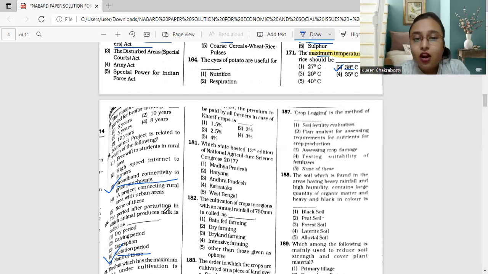In case of annual commercial and horticulture crops, the premium to be paid by farmers is 5%. The premium rates to be paid by the farmers are very low, and the balance premium is paid by the government to provide the full insured amount to the farmers against crop loss on account of natural calamities. So I guess you have got the answer to this question. Option number 2 is the correct option, which is 2%.